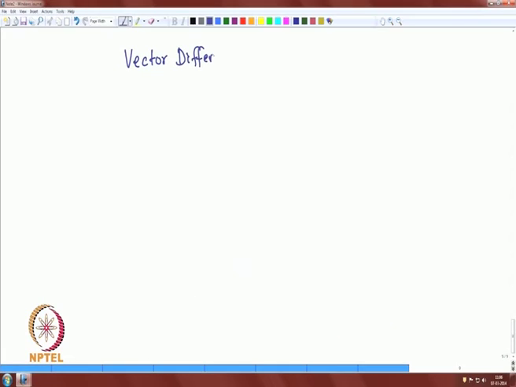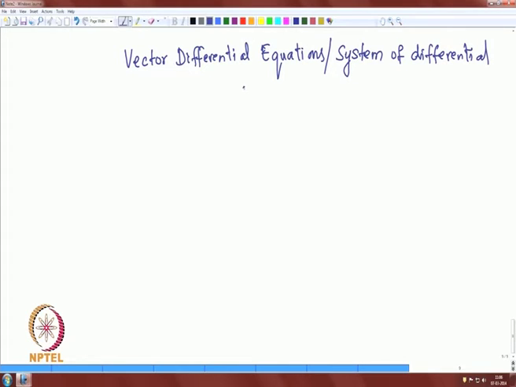So, we spend some time dealing with the existence and uniqueness of solution of vector differential equations, or a system of differential equations.